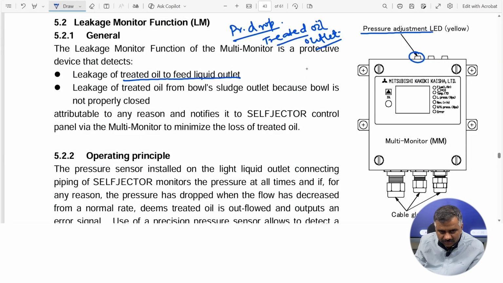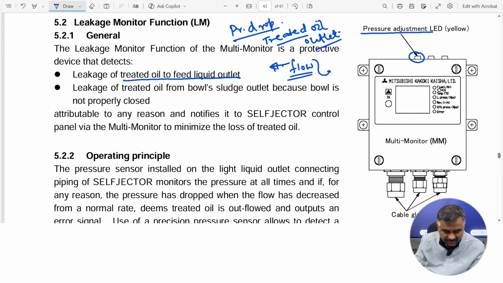Okay. So if there is a drop in pressure where the treated oil is not going out, the flow rate has reduced for some reason and it is going into the feed line, so the oil is not passing from the treated oil outlet line, flow rate has reduced.